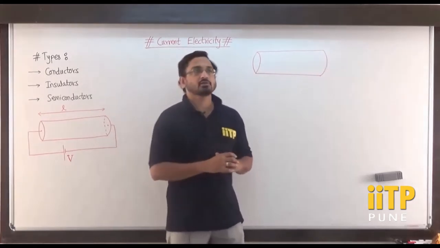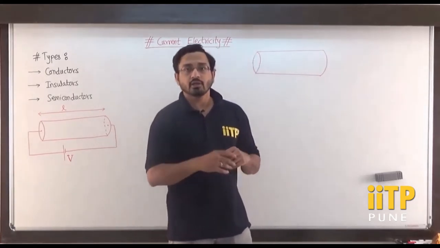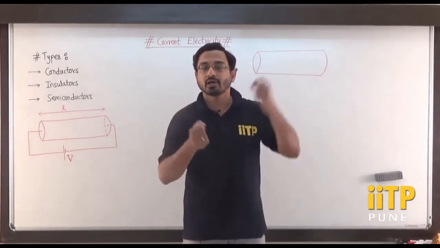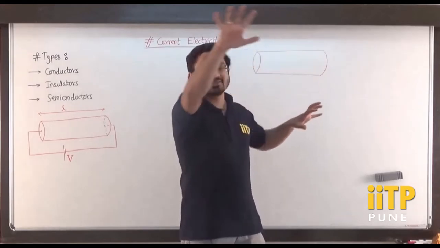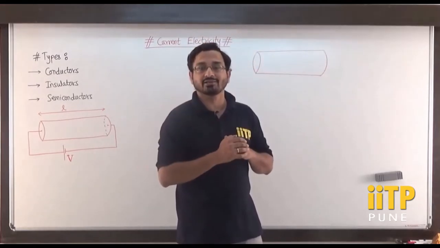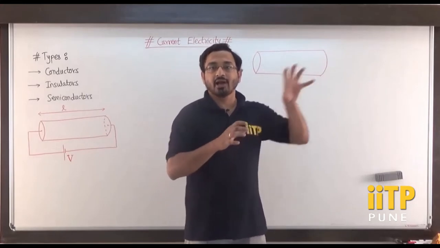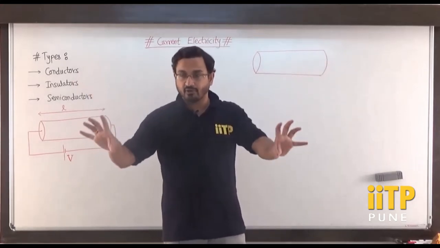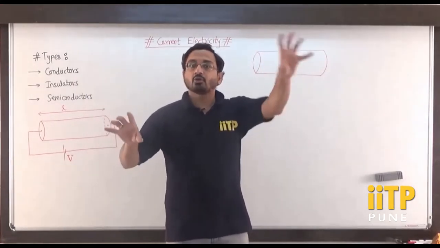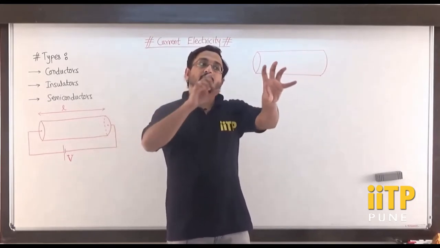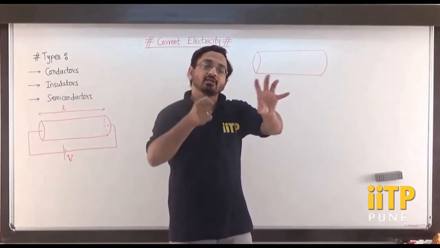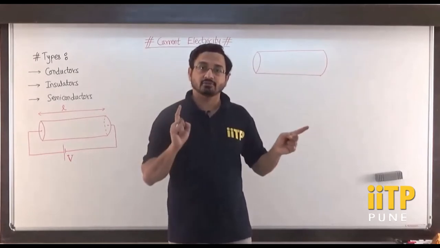In conductors, these free electrons are not at rest, they are moving about randomly. You can imagine that we are inside a conductor, and inside the conductor there are atoms which are at fixed locations. Those atoms are not moving, but the electrons which are free are moving everywhere in this region.